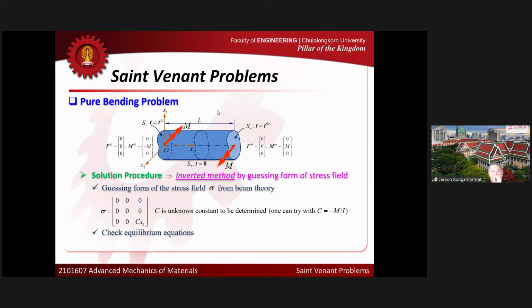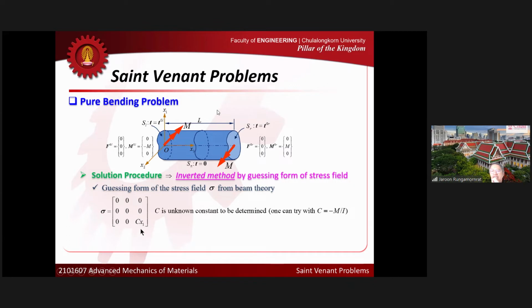Okay, before I check that condition, for those who are familiar with beam theory, you can think about replacing C by negative M over I. Because you know that if you know the bending moment, you should get stress directly from the flexural formula, right?